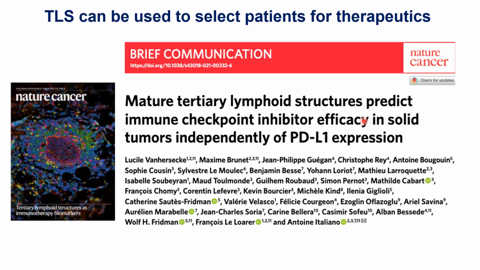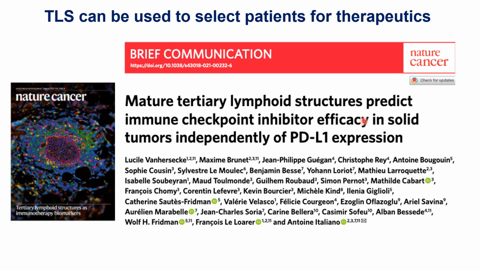After we saw that patients were more responsive when they had structures in their baseline tumors to these immunotherapeutics, they then went on to sort patients based off of their TLS signature. By sorting those patients for clinical trial, they saw that patients did better, those patients that had TLS who were bucketed into that trial. And so I think this is very telling that it can be used for patient selection.